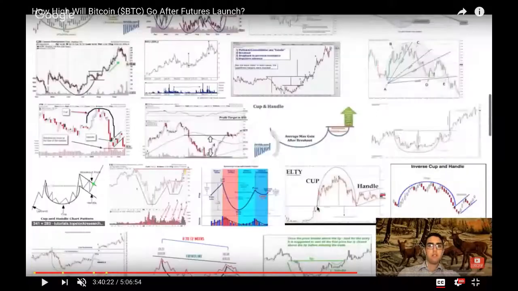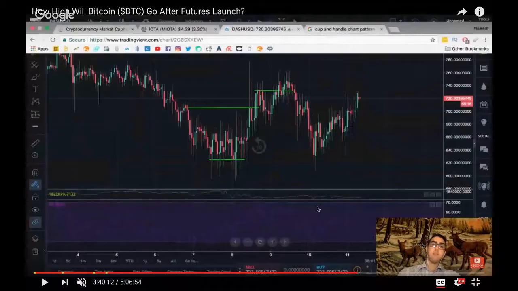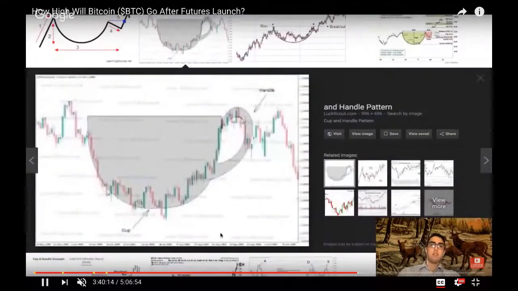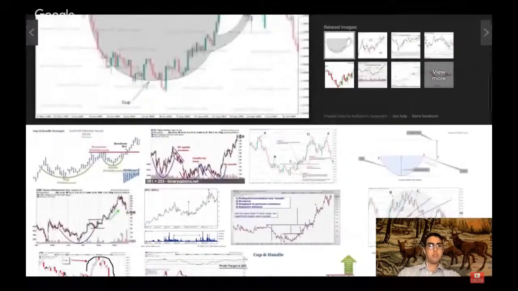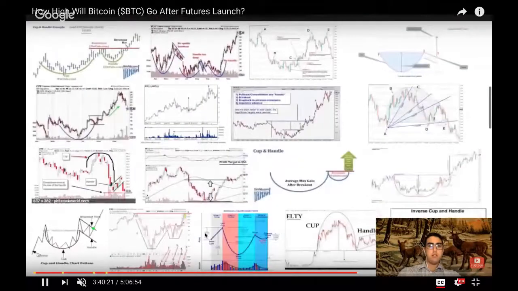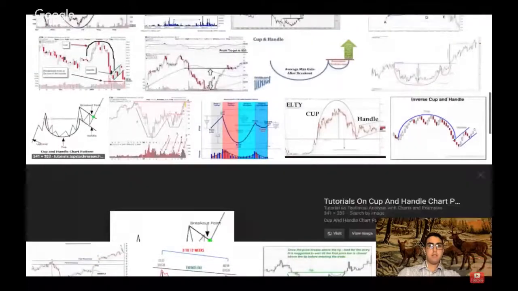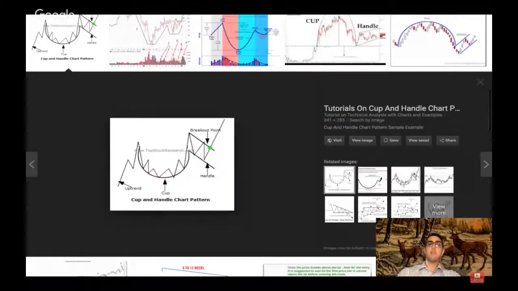So he does basically the same thing that I do, which is that when we're talking about patterns, we show you pictures, which is what he's doing over here. This is the best place to find the patterns.